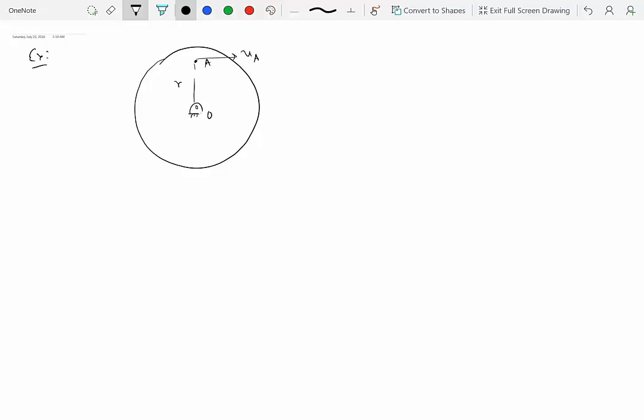So the velocity of A is given to you perpendicular to this line, that's the direction, and somebody tells you this is, let's say, 5 meters per second. Now the question is, what is the angular velocity of this disc or the gear?